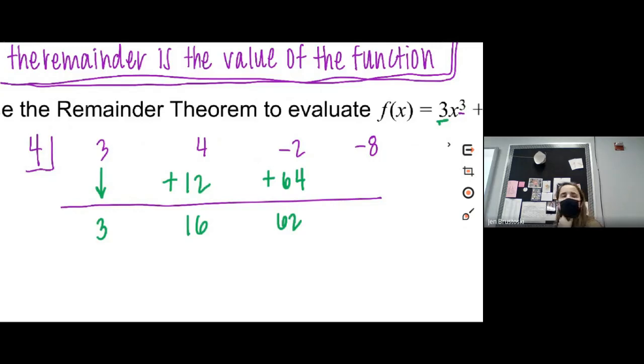What's 6 times 4? 24. Add a 0, 240. 4 times 2? 8. So I get 248. What do I do with these two numbers?